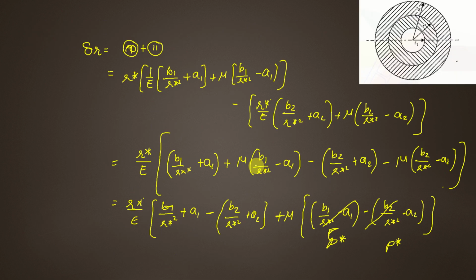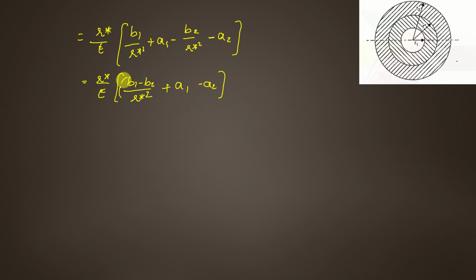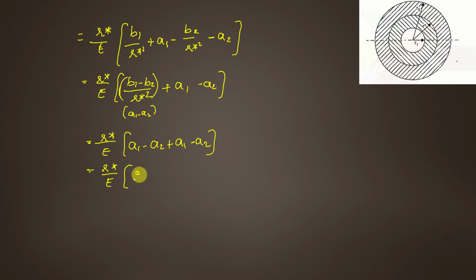So recheck. This is equal to A1 minus A2 from equation 7. Now I substitute: R star by E into A1 minus A2 plus A1 minus A2. So that is R star by E into 2 times A1 minus 2 times A2. I will write it as the final equation: 2 R star by E into A1 minus A2. That is what we need, the necessary difference of radii.